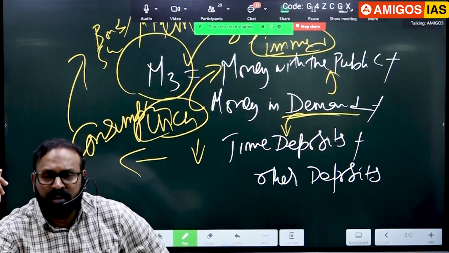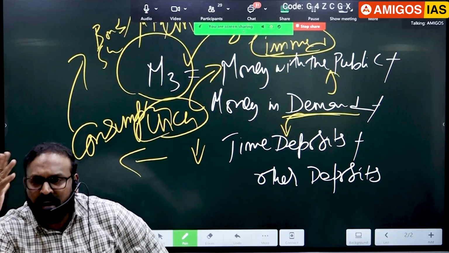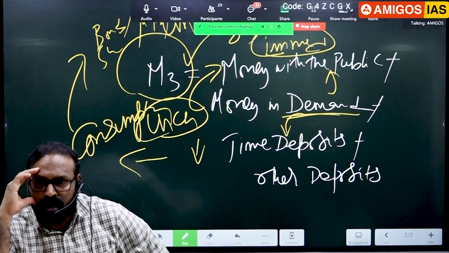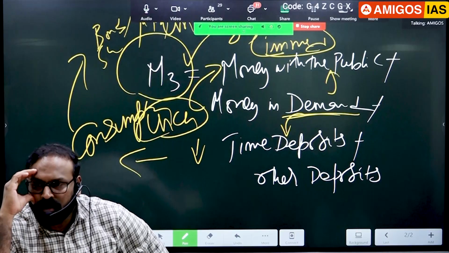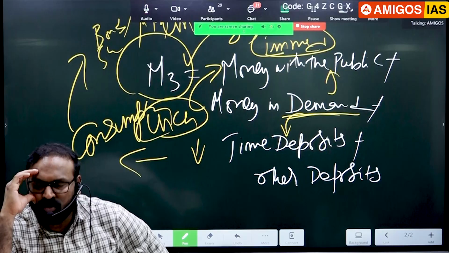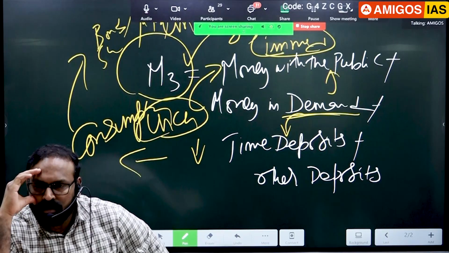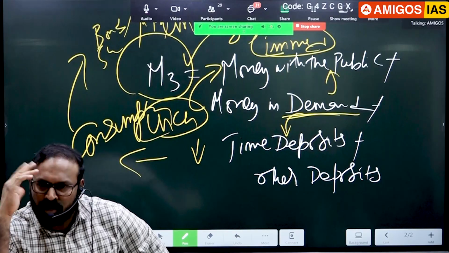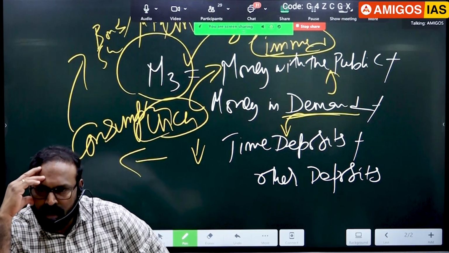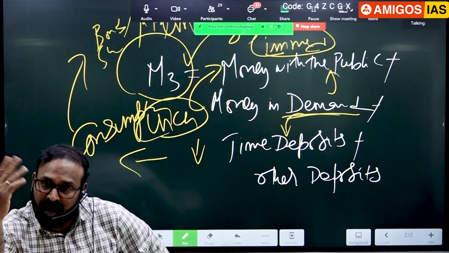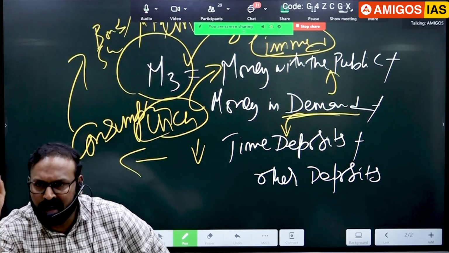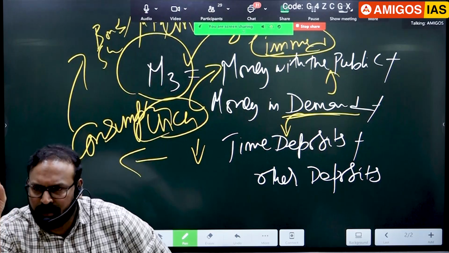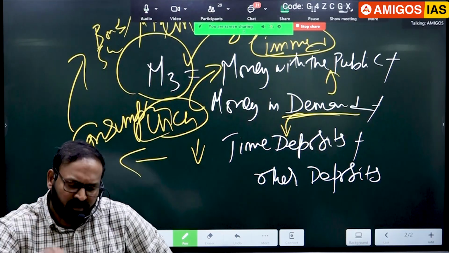Imagine I got 100 rupees, I am a scheduled commercial bank. RBI said SLR 25%. What is the other one? CRR 15%. How much is the total reserve requirement? 40. How much can I lend? 60. Tomorrow the bank said 20 SLR, 5 CRR. I can lend 75. That means how much a commercial bank can lend is not determined by the bank but by RBI.